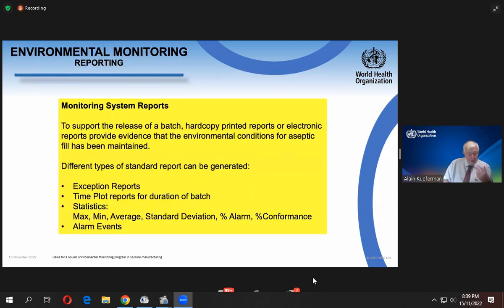And then, of course, when you have done all this, we have seen all the instruments that you have, I've spoken to you about the methods, etc., then we get reports. You can have exception reports, I mean, everything is okay, you just show what has gone wrong, time plots, statistics, and you can have maximum, minimum, average, standard deviation, percentage alarm, percentage conformance, alarm events, etc. There are many types of reports that you can use.